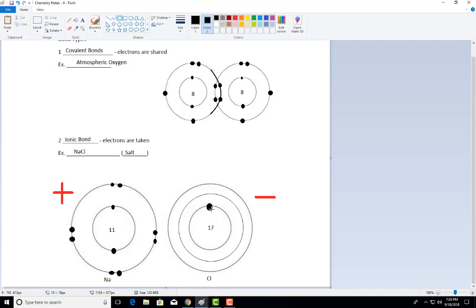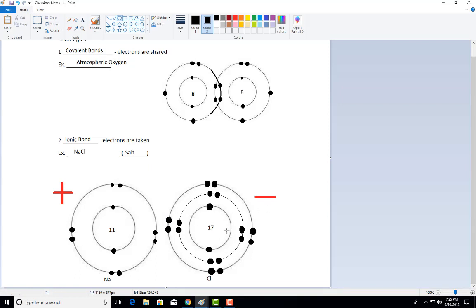Well, 1, 2, 3, 4, 5, 6, 7, 8, 9, 10, 11, 12, 13, 14, 15, 16. Here's our 17th one. There should only be one here, but he's an anion. He's got an extra one.